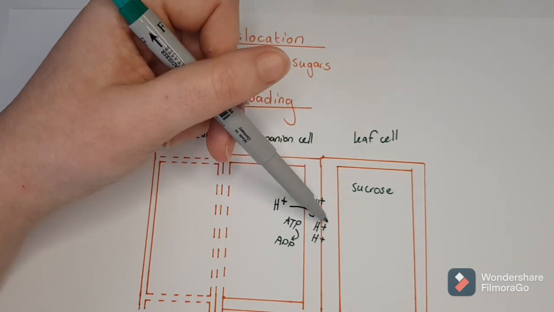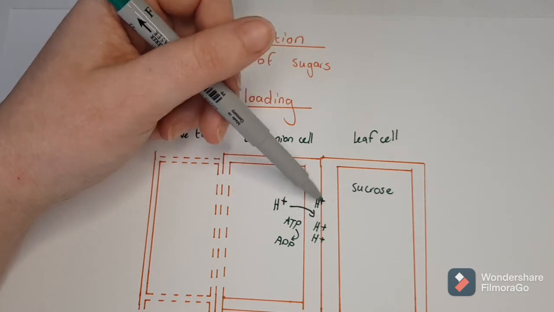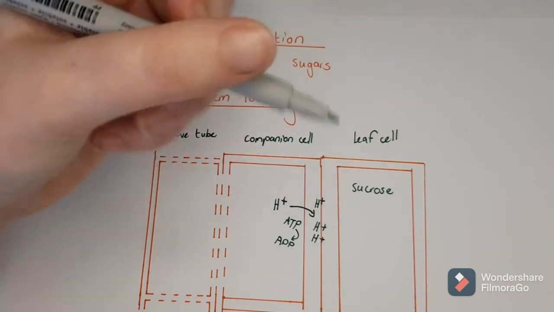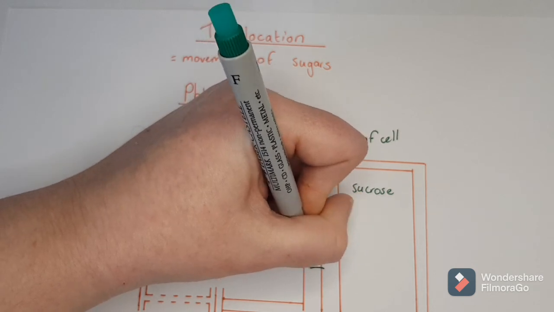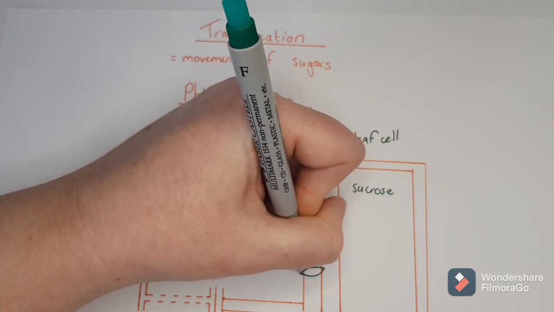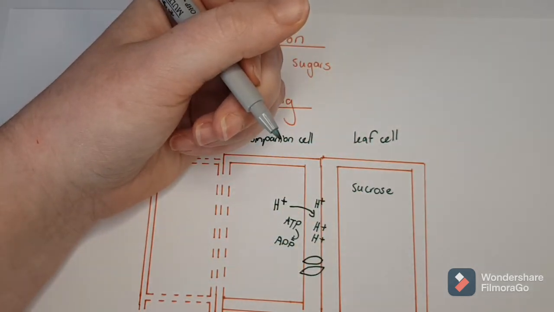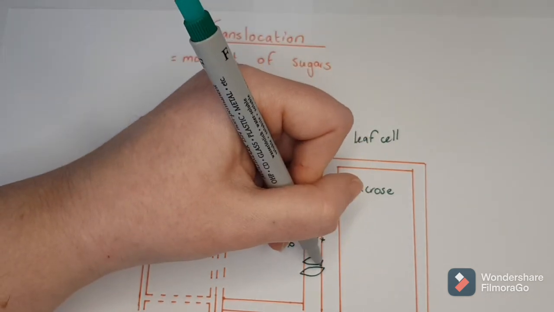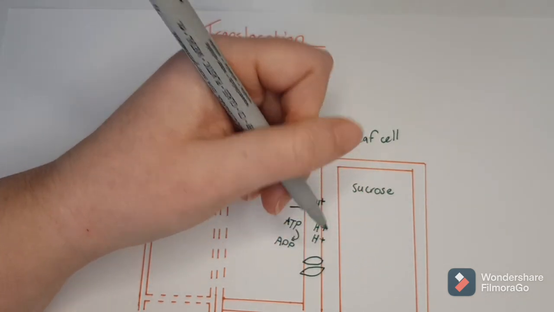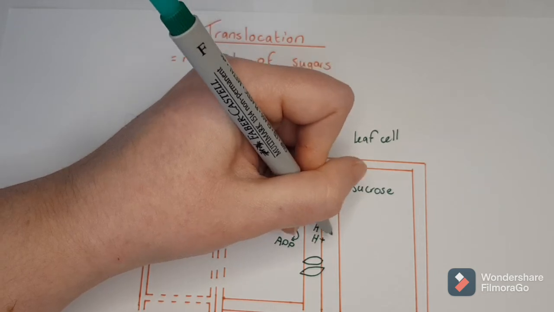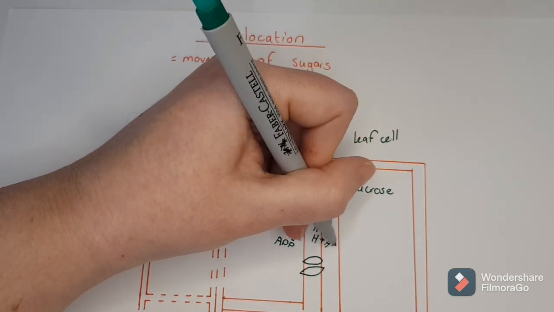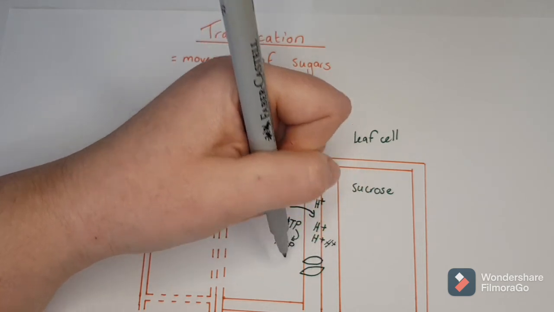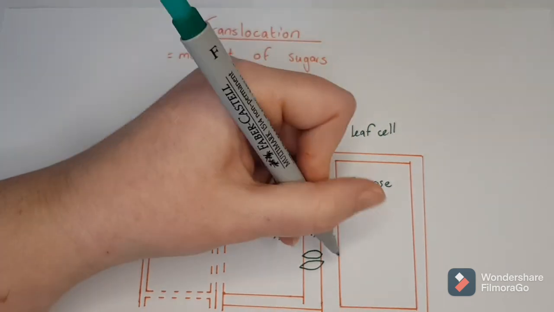So that now, since there's a high concentration in the space, we have a carrier protein sitting in the membrane. So now these hydrogen ions that have been pumped out across the space will want to move back in down their gradient.